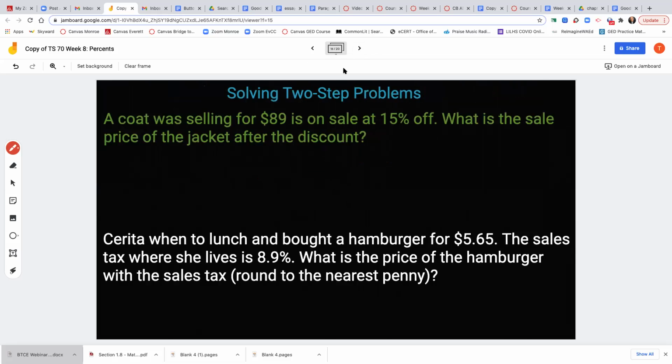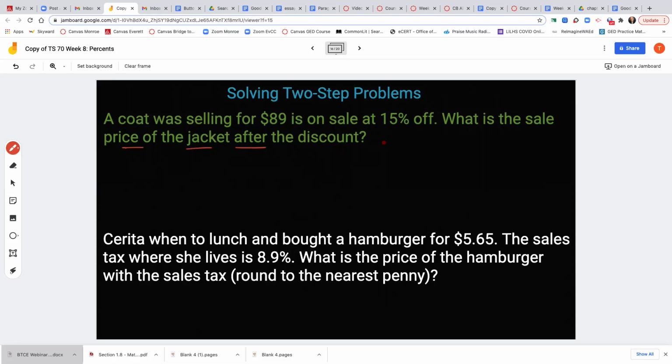All right, let's take a look at this. Speaking of the two-step problems, right on time here. A coat was selling for $89 on sale at 15% off. What is the sale price of the jacket after the discount? Okay, so it's wanting to know the price of the jacket after the discount.